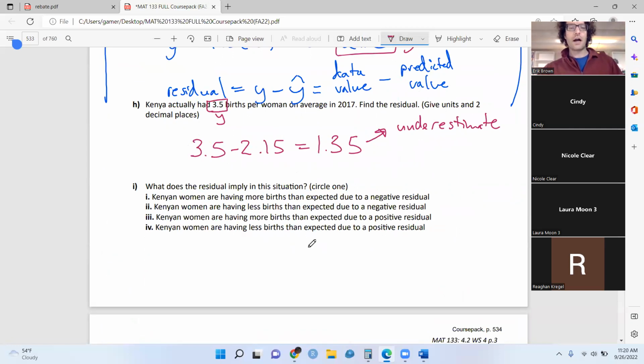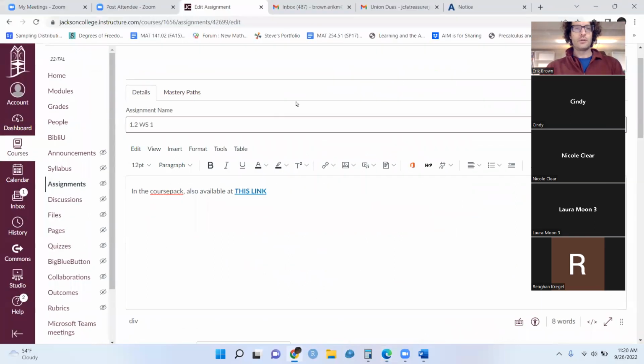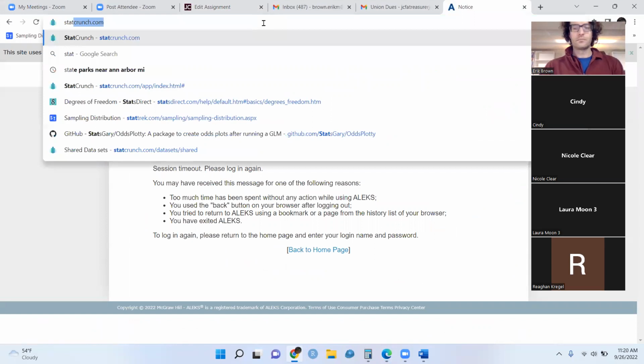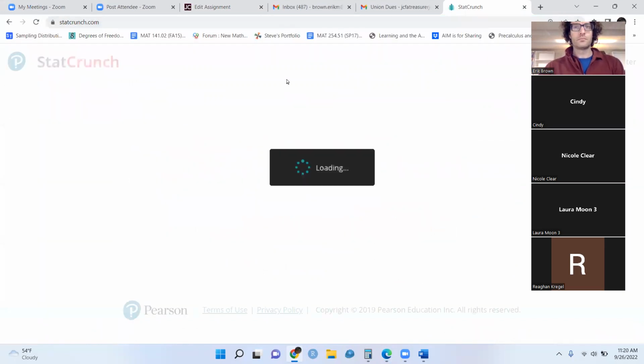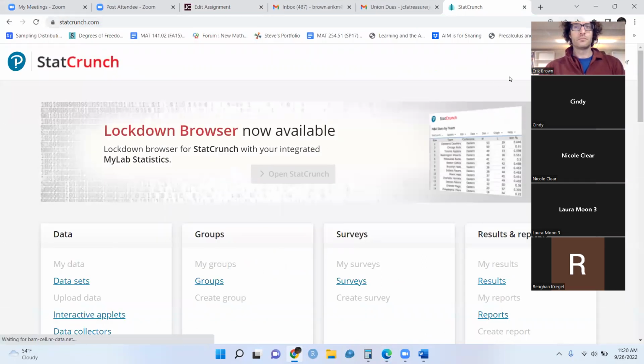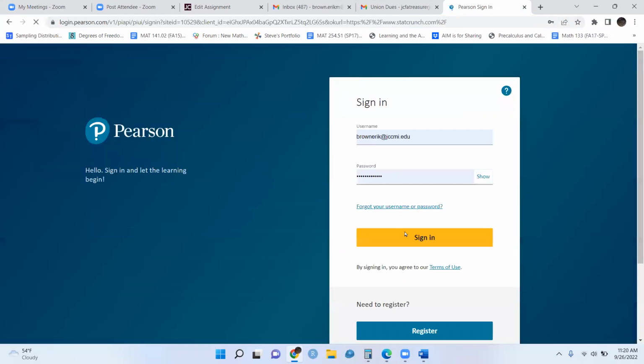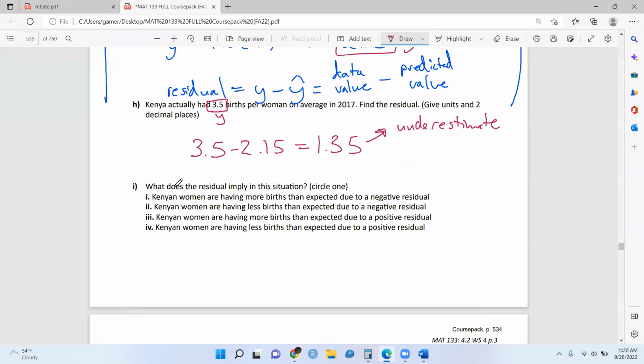Anyone know the answer to I? So what does our residual imply? Triple I, let's see.